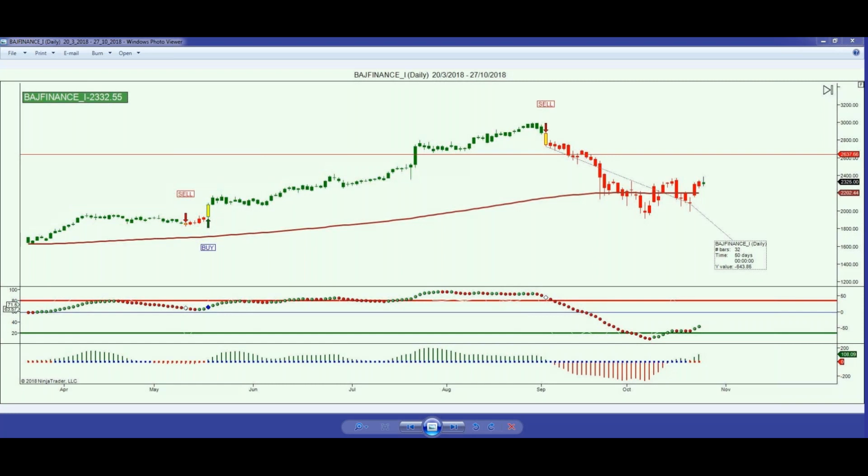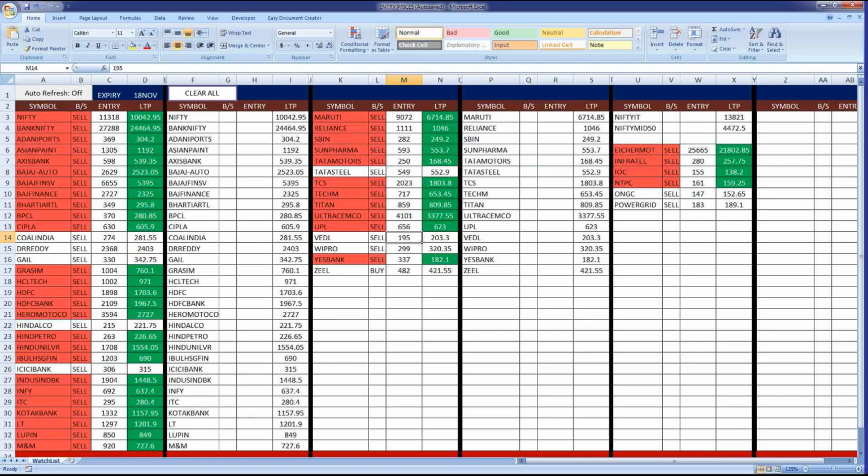So let me just come to the Excel file. You'll be able to see it clearly here. So Nifty sell, almost all are sell calls except one buy which has not triggered, and you don't find any other buy call.